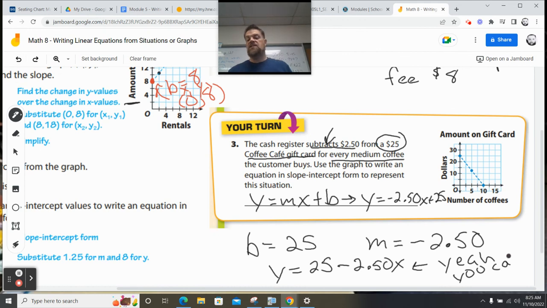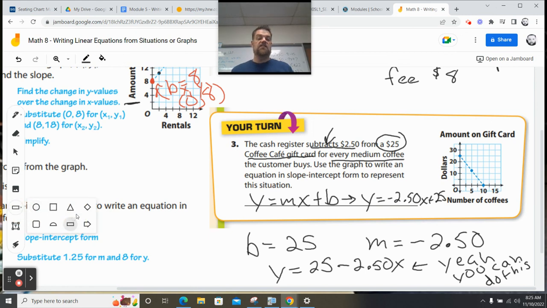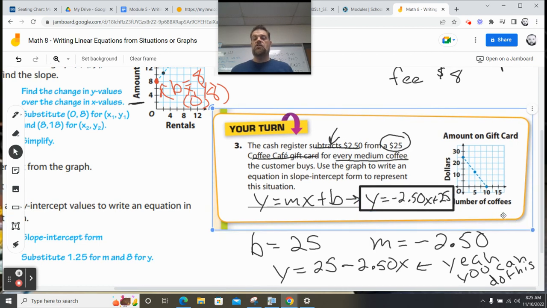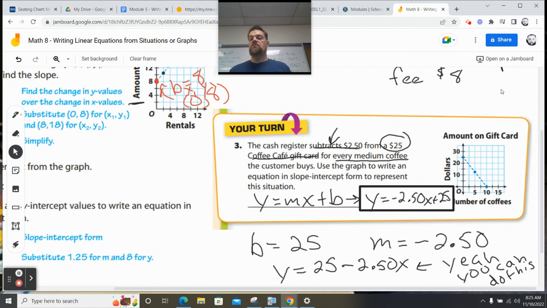The numbers work out the same. But if you have to choose, 9 times out of 10 it's going to look like this. But could you do it the other way? Absolutely you could. Any questions? How do you guys feel about this? Thumbs up, thumbs down? Okay.